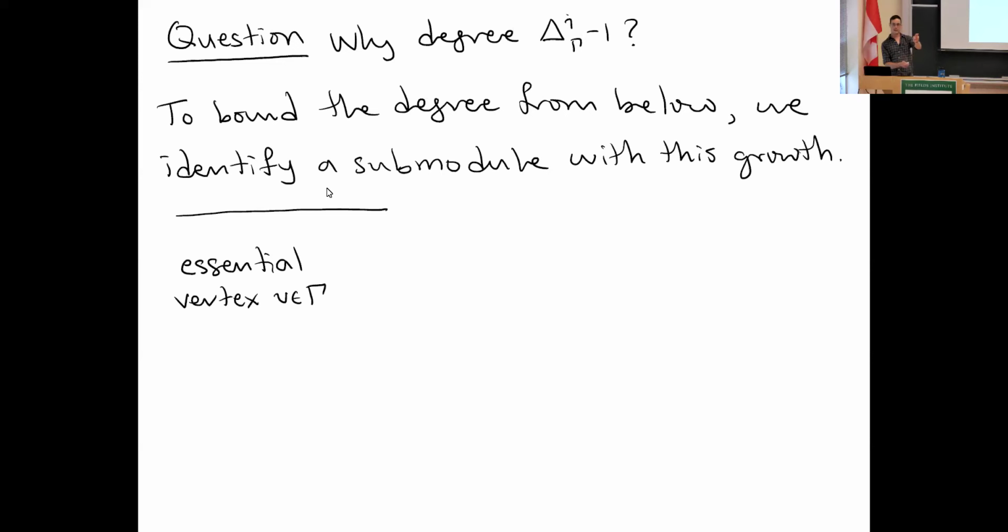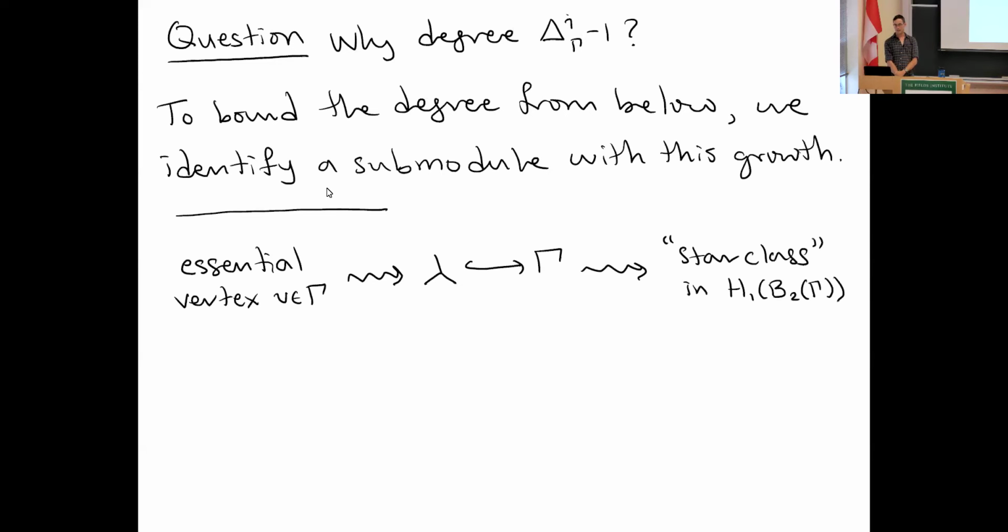I can choose an embedding of that star graph into my big graph, like so, and push forward that degree 1 homology class. And we'll get what's called a star class. That's in degree 1 homology of two particles on the big graph, but then I can stabilize by adding particles stationary on other edges and get a degree 1 class in any k.